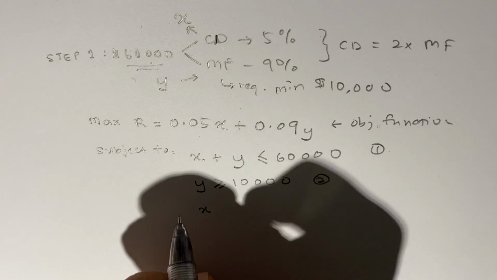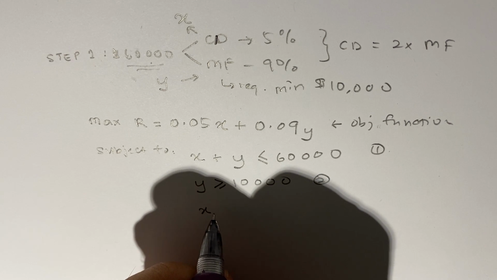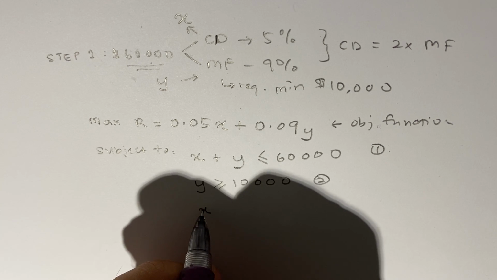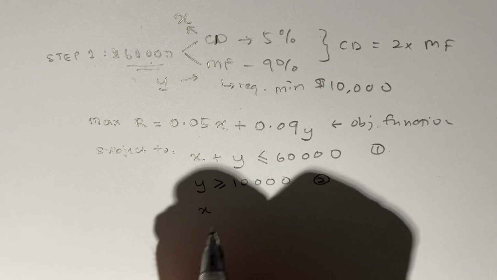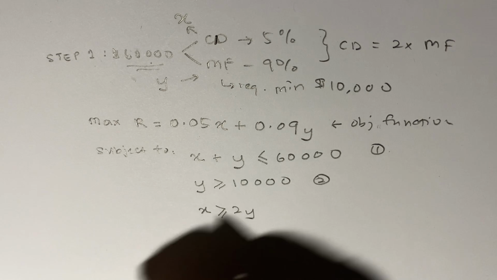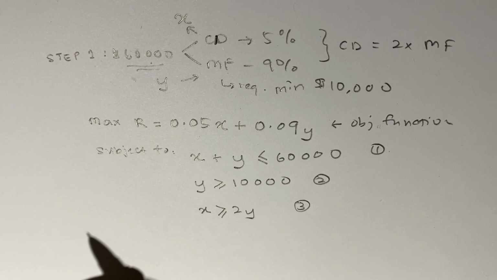Always check back the question and the words used, and make sure you familiarize yourself with the English words. Here the investor requires that twice as much should be invested in CDs as in the mutual fund. So the amount of money put in the CD, X, must be greater than or equal to 2Y. This is the third constraint.